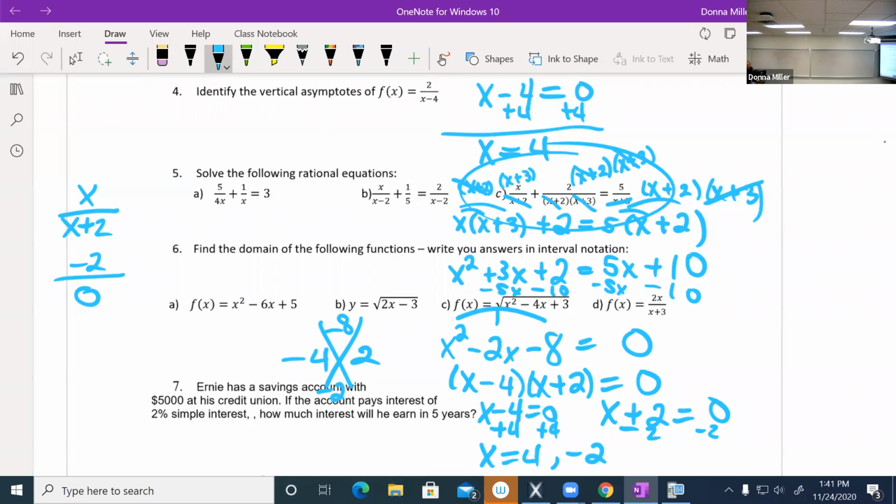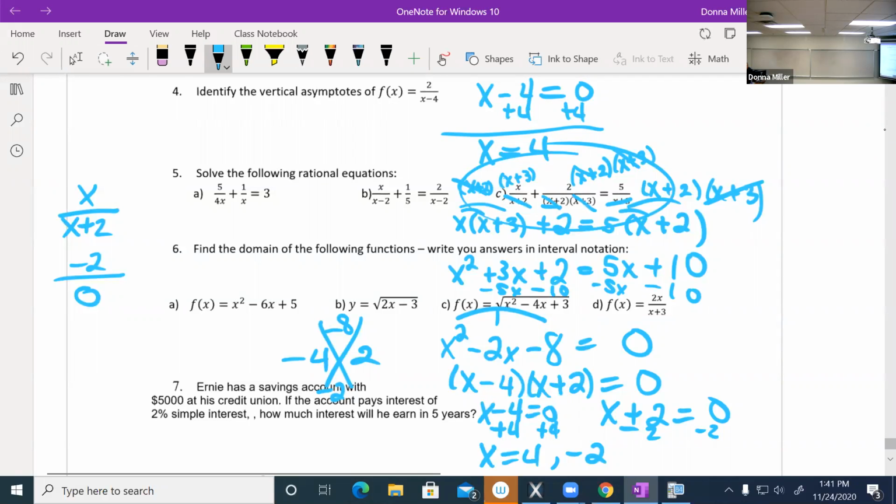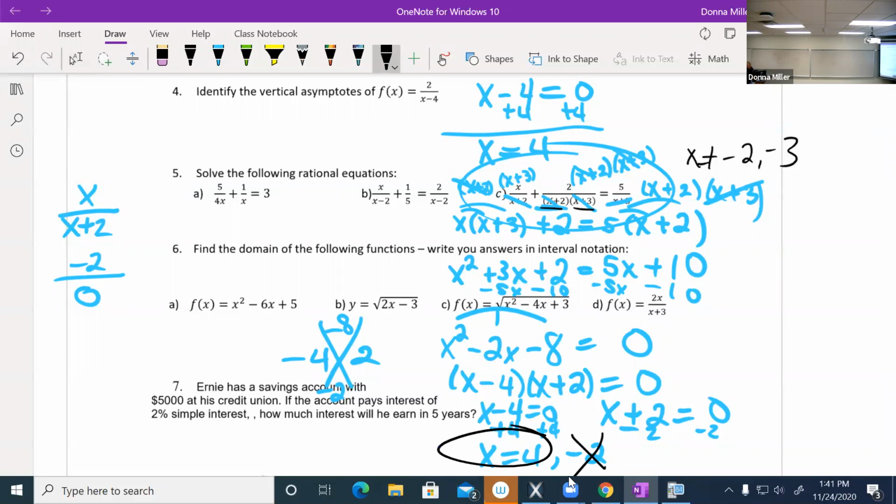So usually what I do is at first I go up and say the bottom equals 0 at negative 2 here because of the x plus 2, and at negative 3. So I'll make a little note. X cannot be negative 2 or negative 3 because that's what makes the bottom 0. That's unallowed. That's your vertical asymptote. So I'm going to cross this answer out. So my only answer is x equals 4.